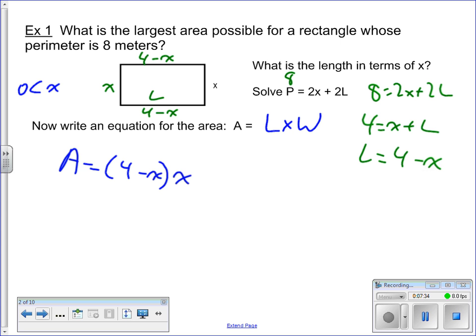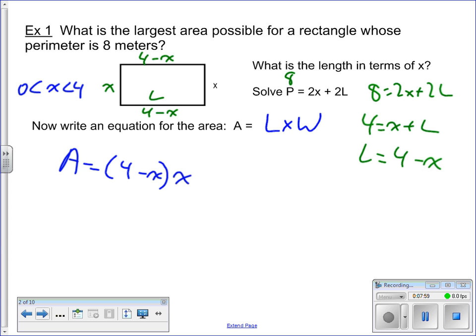What's the largest value I can have for x? 4. Because if I put in 4 for x, I get 0. So my domain is between 0 and 4. When I solve my optimization problem, the only values I'm going to worry about are values of x between 0 and 4.